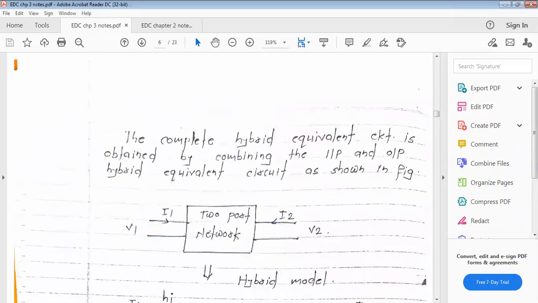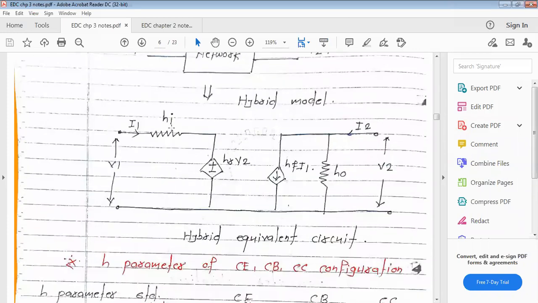So in the equivalent circuit, instead of using H11, we have to use HI. Instead of H12, we have to use HR. Instead of H21, we use HF. And instead of H22, we use HO. So this is the hybrid equivalent circuit diagram.